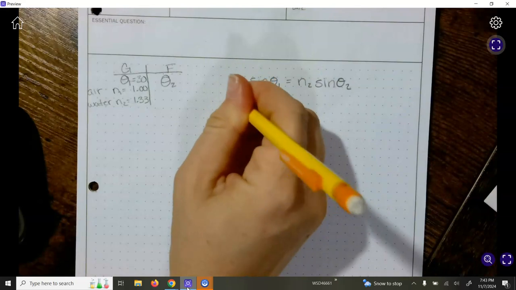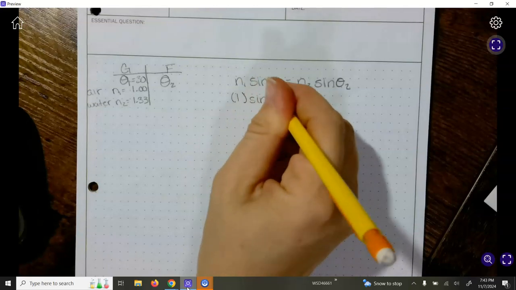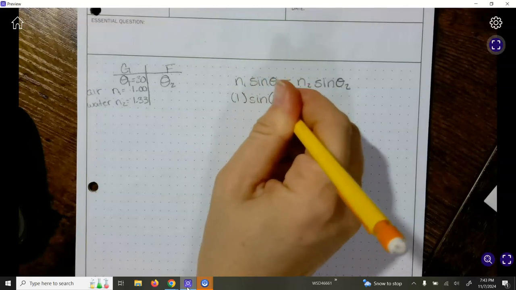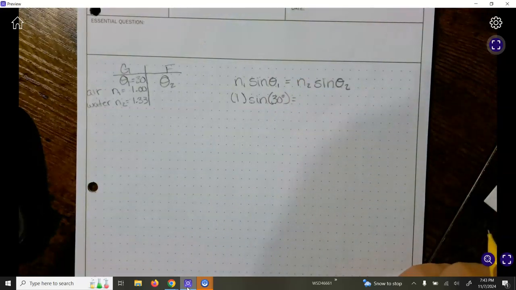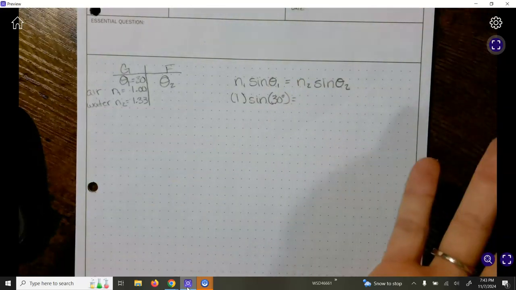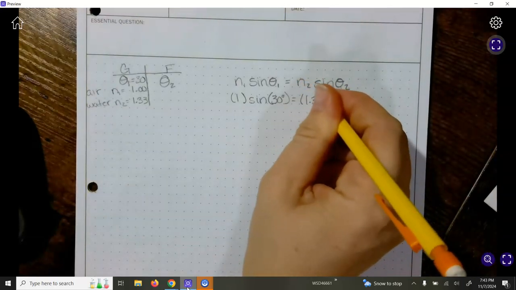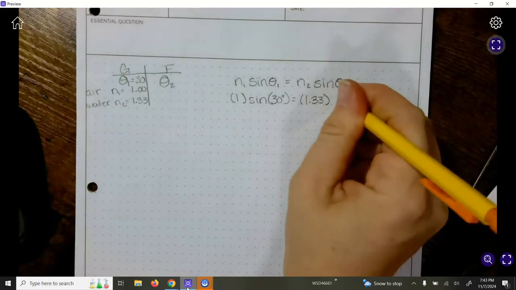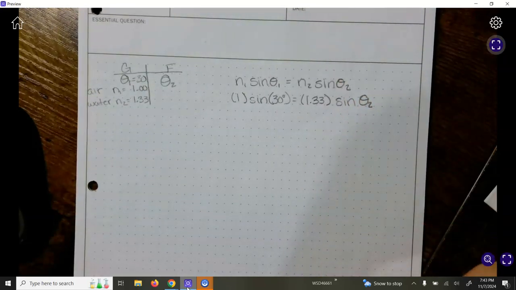So N sub 1 is just 1. Wow, that was easy. Times the sine of 30 degrees. And we're going to leave the equal sign right where it belongs. We're just plugging all the numbers in to where they belong. N sub 2 is 1.33. And then sine of theta 2. We can't do anything with theta 2 because that's our unknown. That's what we're solving for.